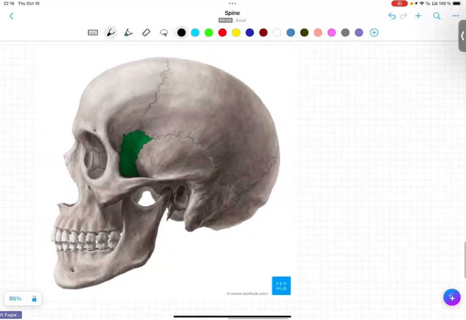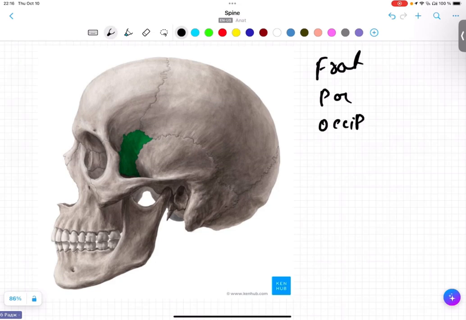See, I told you this entire part is the skull. Inside you will have the brain. So all the bones, frontal, parietal, occipital: this is your frontal bone, this is the parietal bone, this is the occipital bone. This is the temporal bone. Then you have inside a bone known as sphenoid.